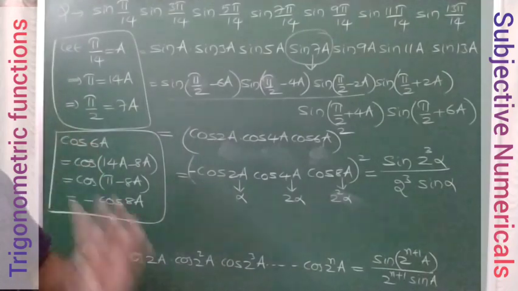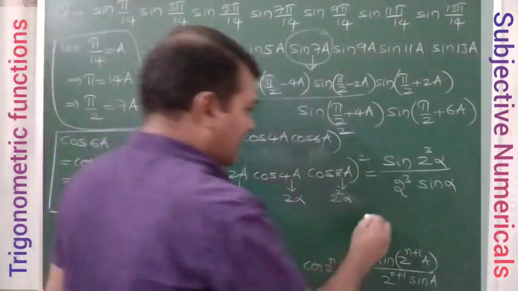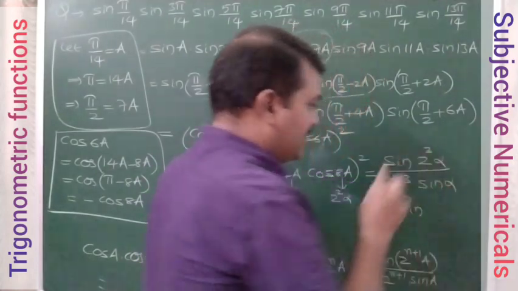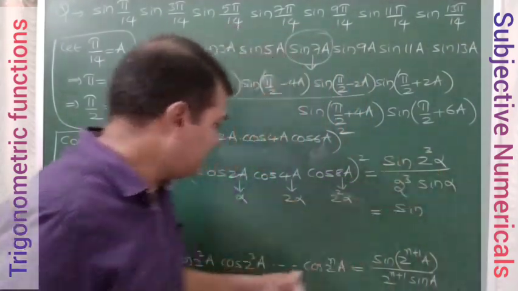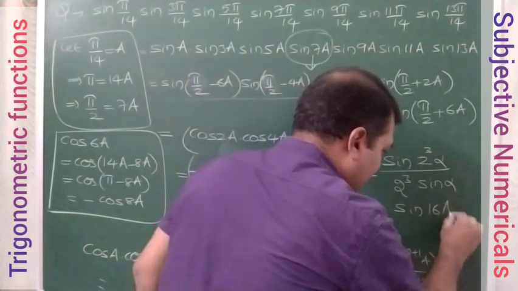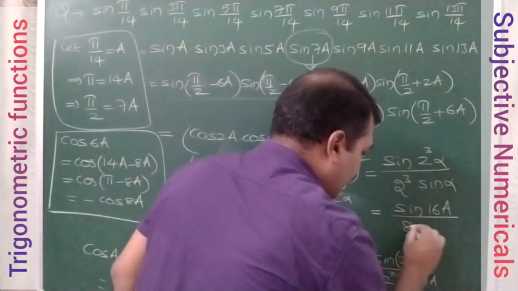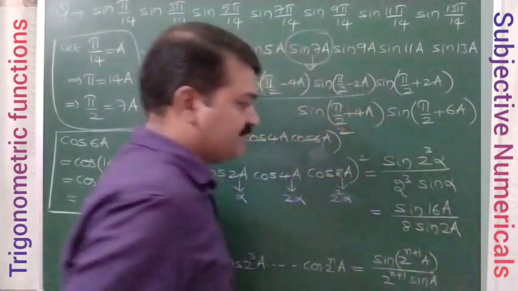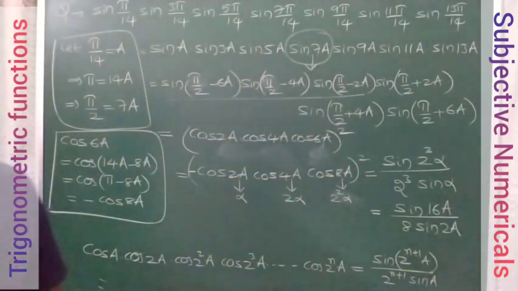Alpha means 2a. So what we are getting here is sine of 2 cube, meaning 8, into alpha, meaning 2a. That means sine 16a by 8 into sine alpha, meaning 2a. This is what we will get now.